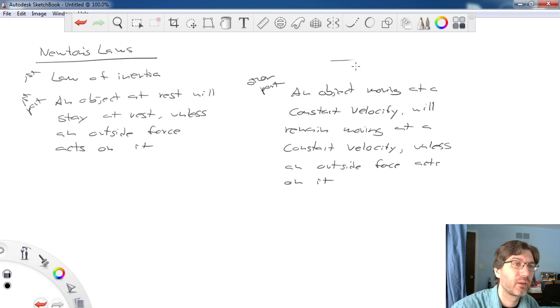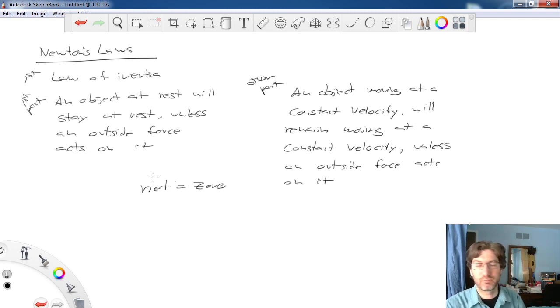So if we have a net force of 0, that means two things. Well, it really only means one thing, but it means two things, one for this and one for this, right?